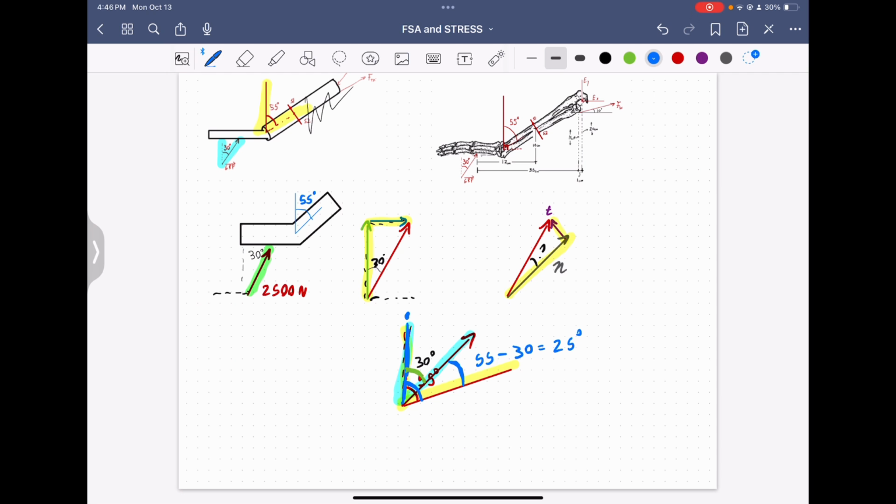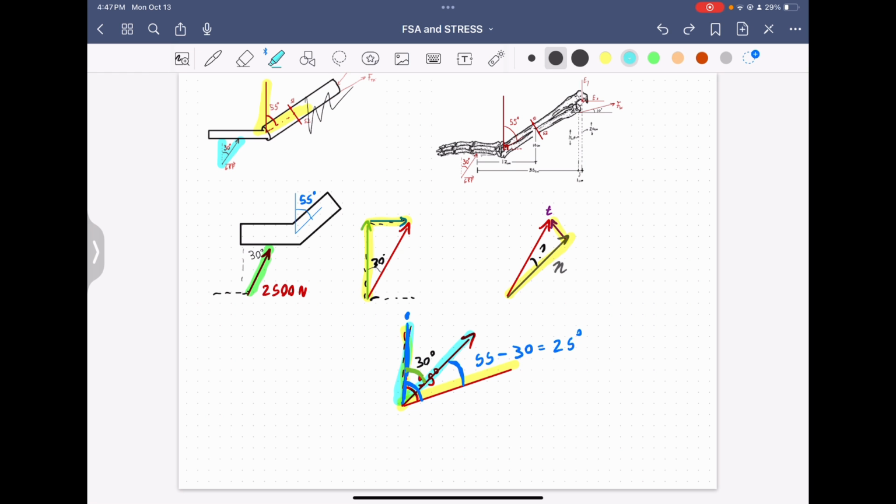So for a less colorful version, we have two angles. We know this is 55 and we know this is 30. If we subtract, 55 minus 30 is going to give us 25.